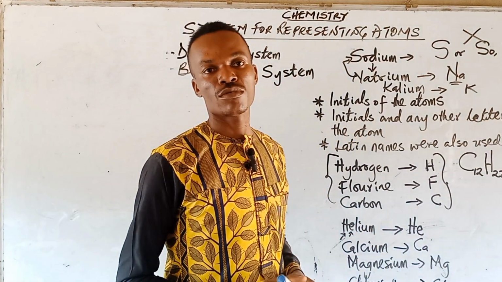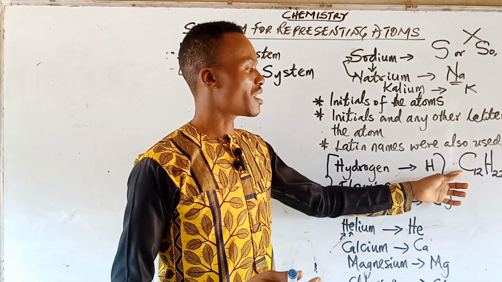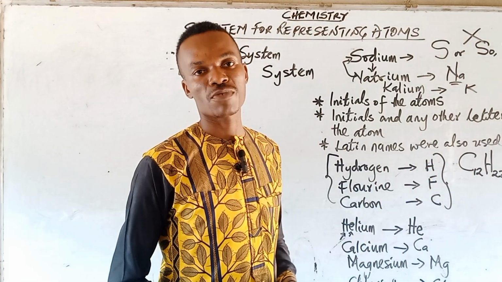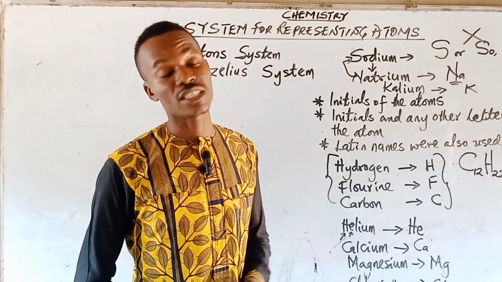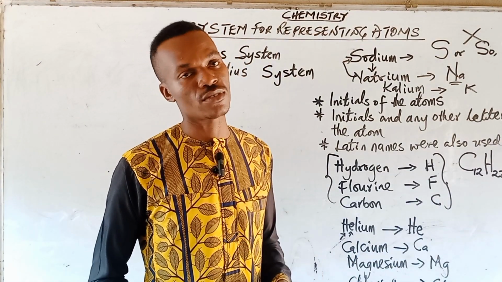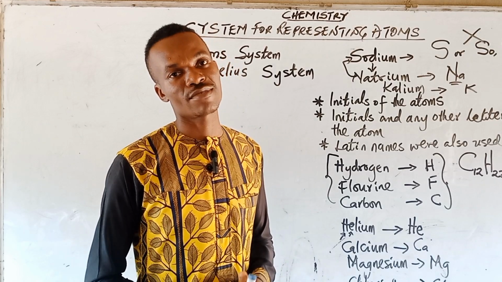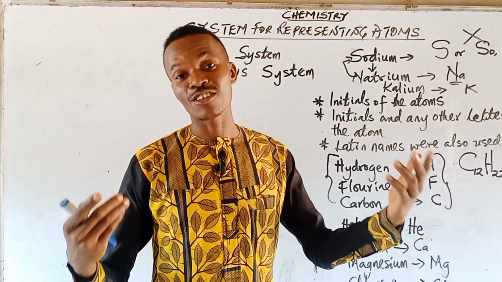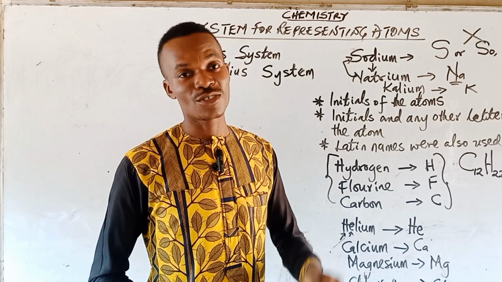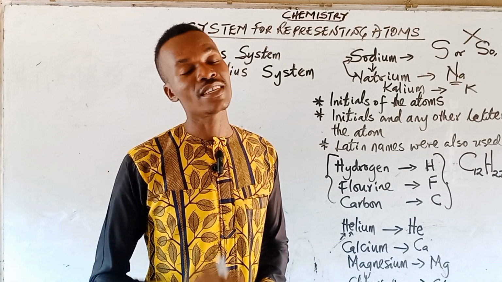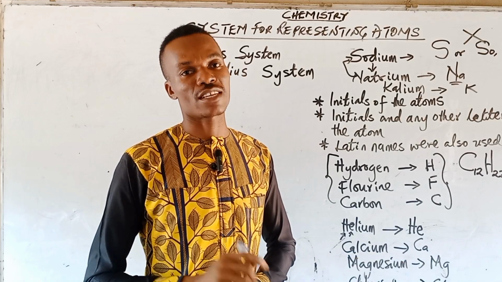No special symbols were used, but with the initials, it becomes very simple. So based on the simplicity of the Berzelius system, it was adopted and approved for use as the representation of atoms. So whenever you are reading your first 20 elements in the periodic table, know that the Berzelius system is the system used for the representation of the atom.